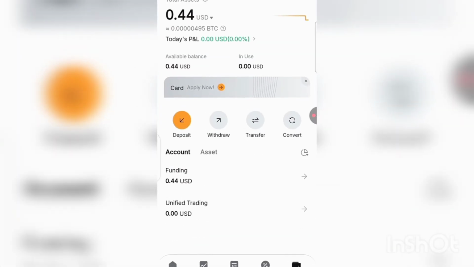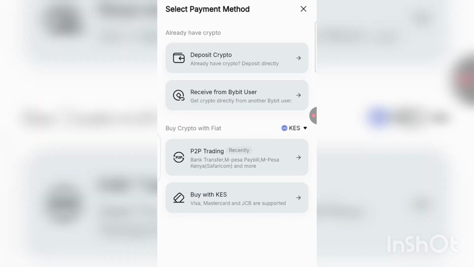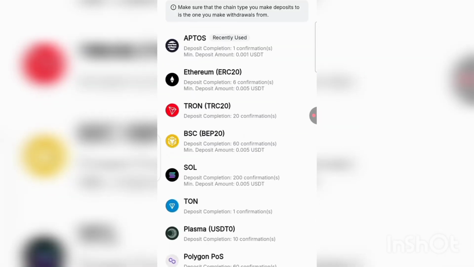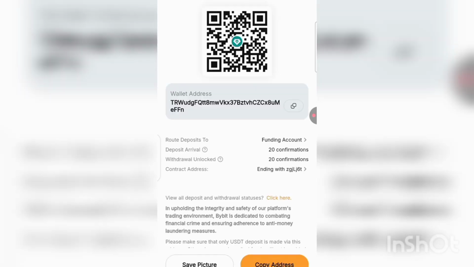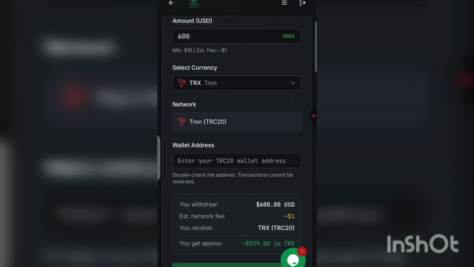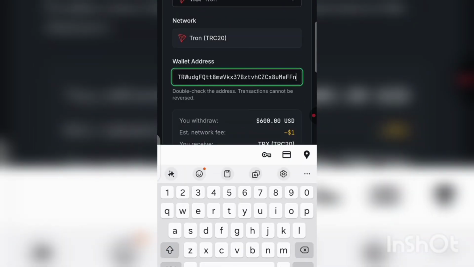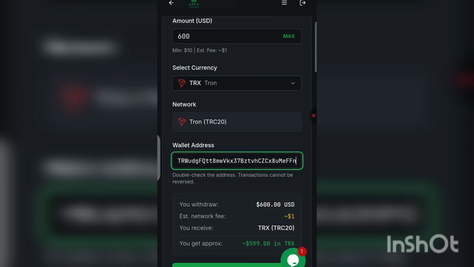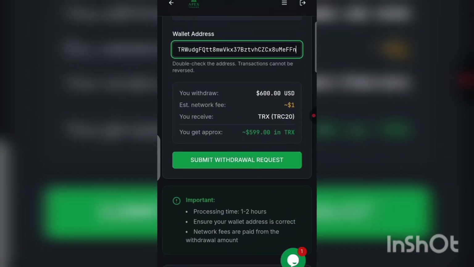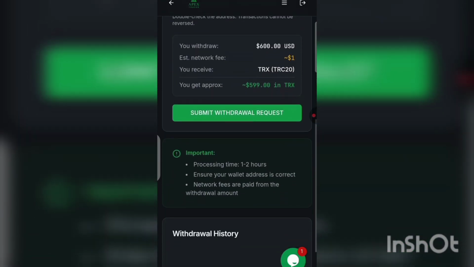So we are going to go to the deposit section and copy this particular wallet address for USDT TRC20. So this is it. Once I've copied it, you can now come back here and paste it here, and we are going to make a withdrawal of 600 right now. It's actually paying, actually working.